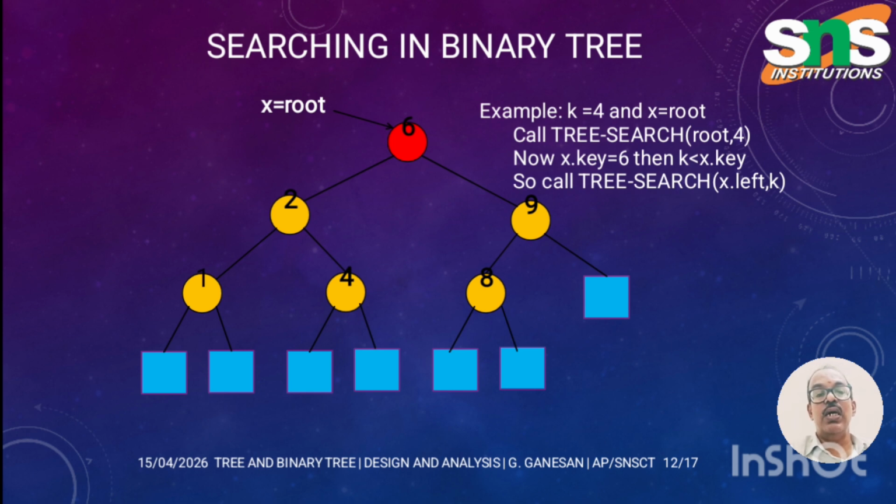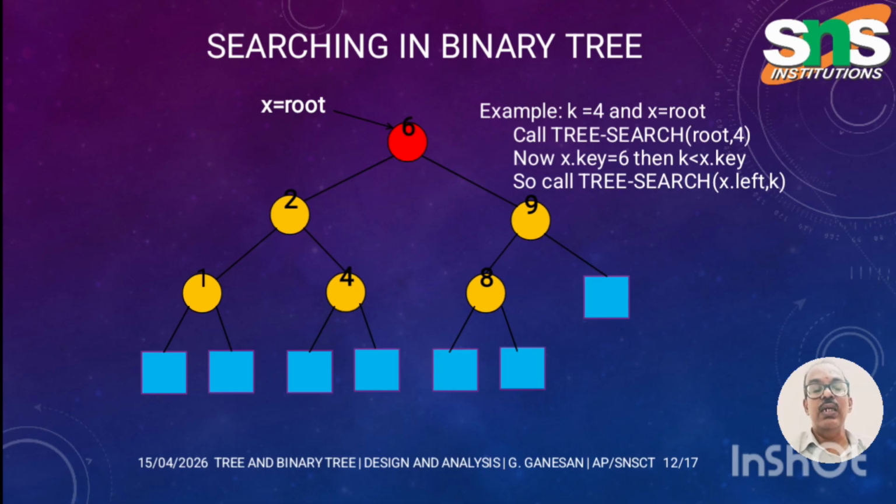What element is there? 2 is there. Now we compare the searching element 4 with 2. The element 2 is smaller than our searching element. What do we do now? We go to the right side of 2, because 2 is smaller than the searching element. Now on the right side of 2, what is there? 4 is there.